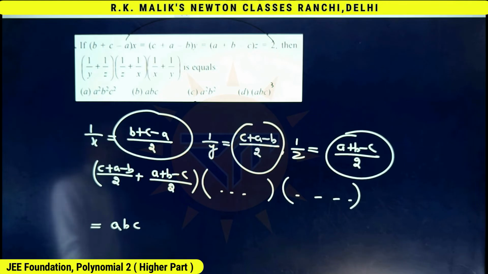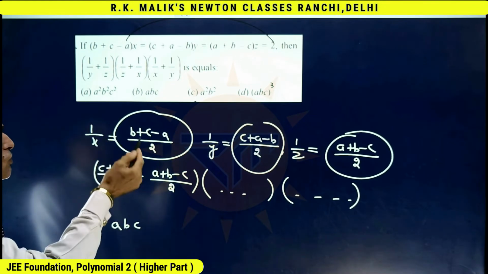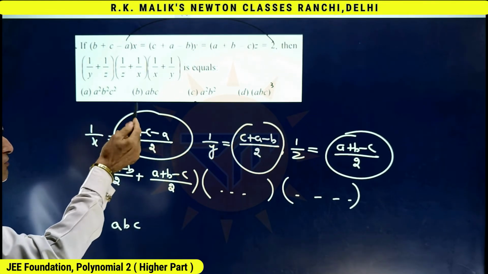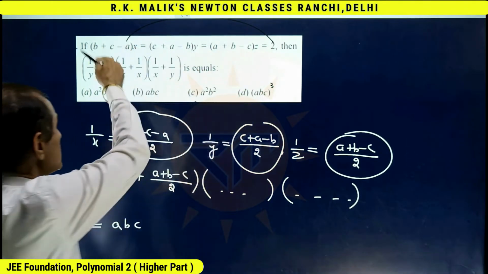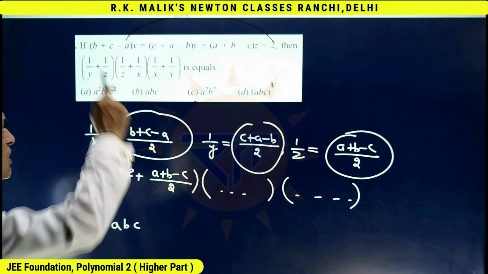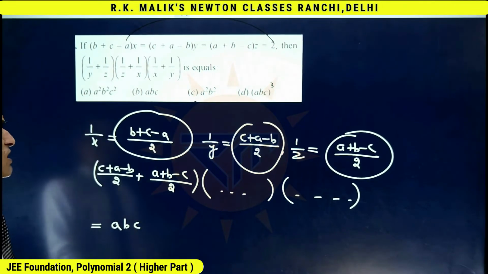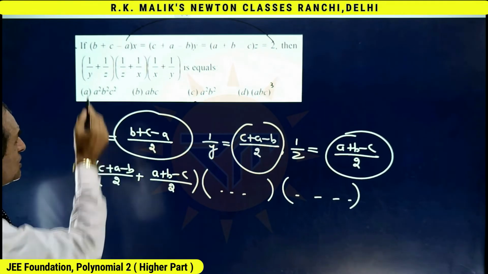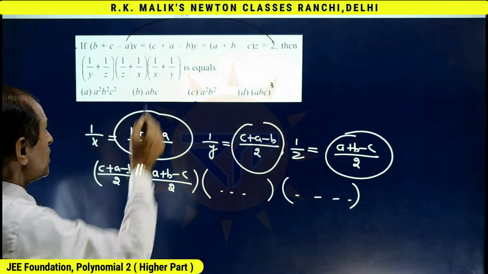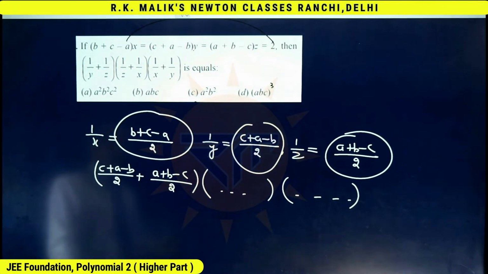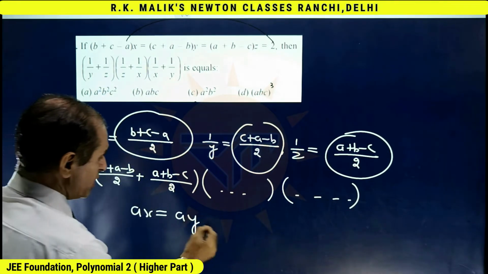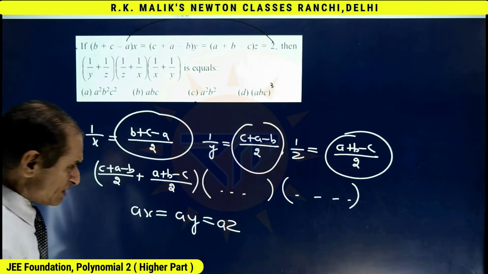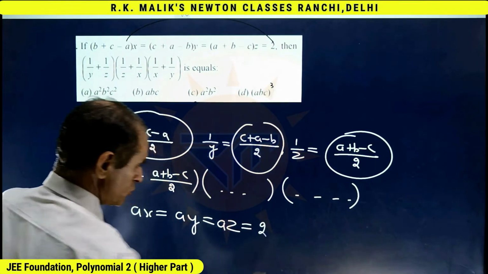And the third smart way will be, I have to take the values of x, y, z, a, b, c such that this condition is satisfied. I take a, b, c, all the three equal to a. You can see very easily, if I take all a, b, c equal to a, I will get ax equal to ay equal to az equal to 2.